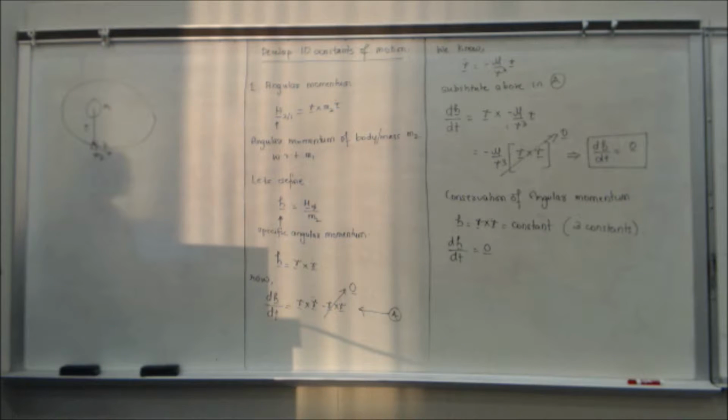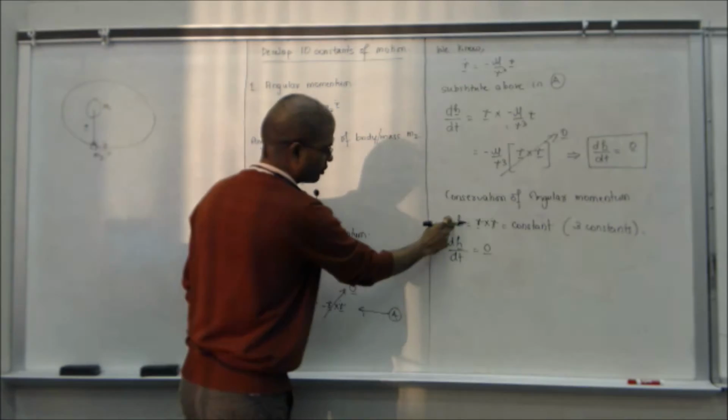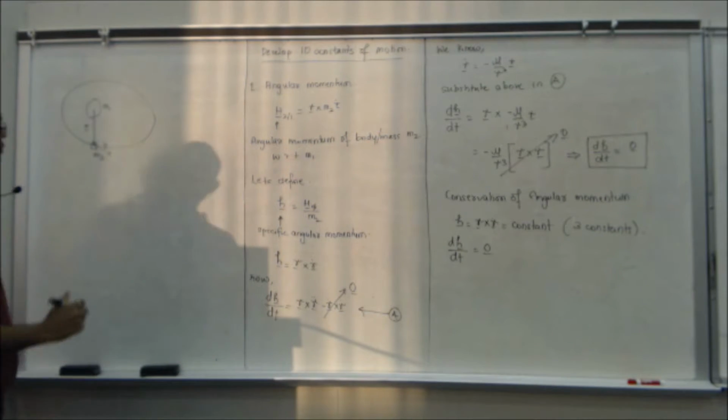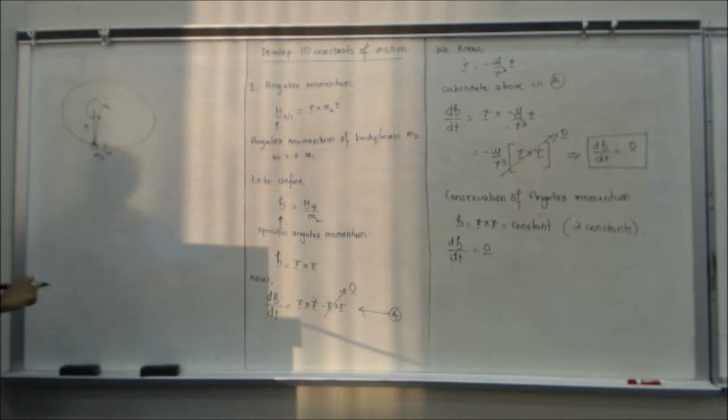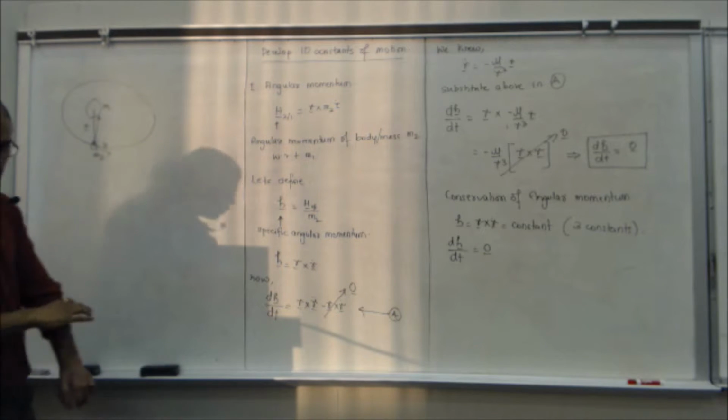If you take the cross product of this, you're going to get h. Okay. H is this. The reason this is important is visualize this first.